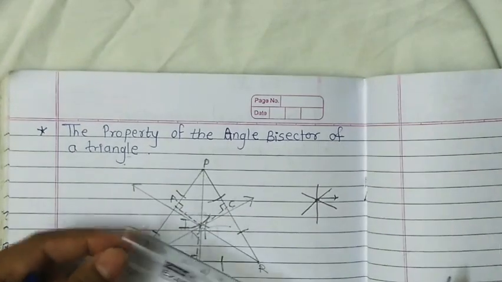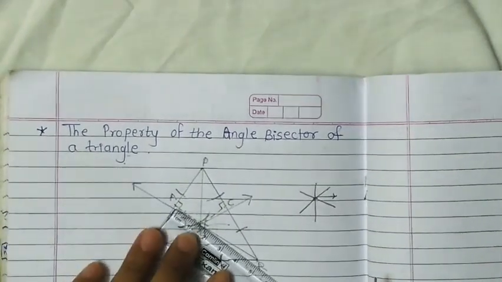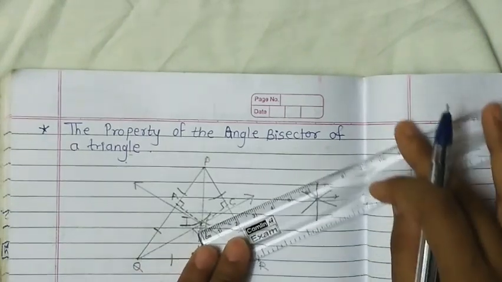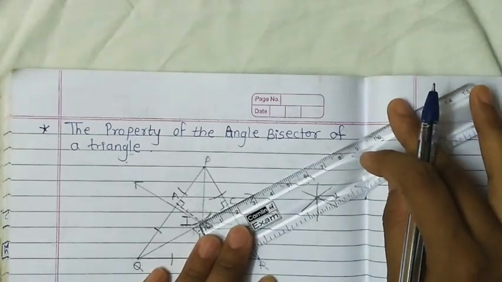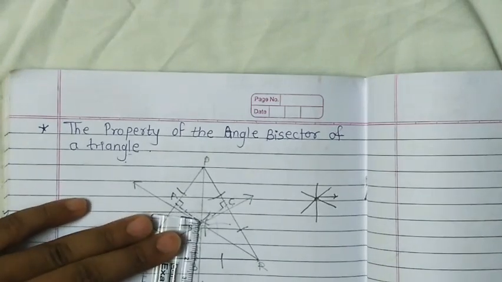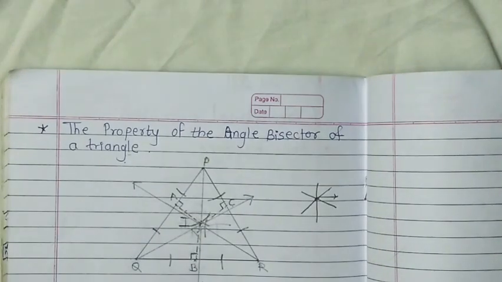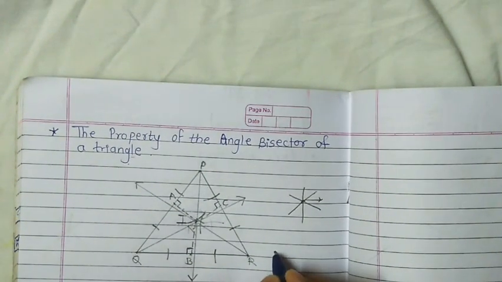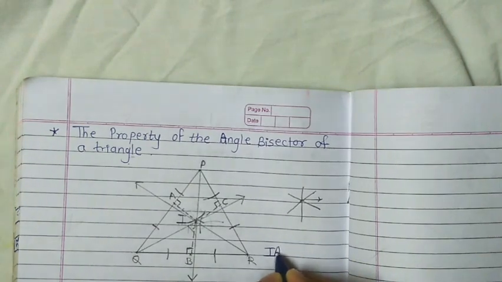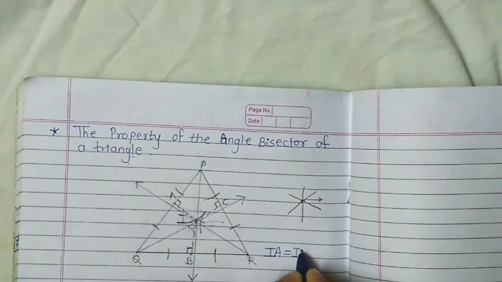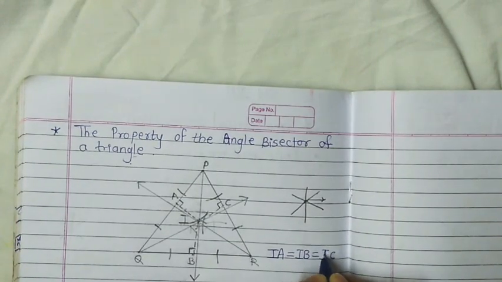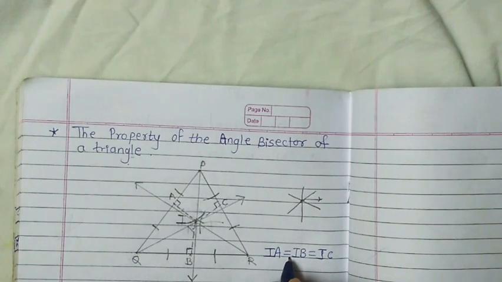Now, with the help of scale, we can check this. Their distances will be same. Okay. From this, we can write IA is equal to IB is equal to IC. Yes, no? Why?